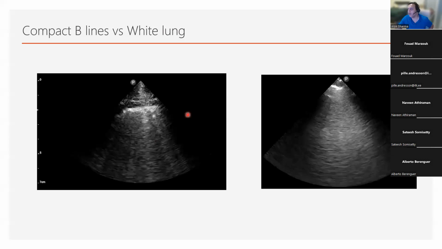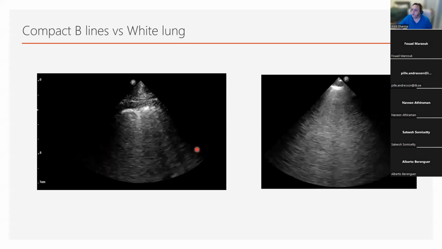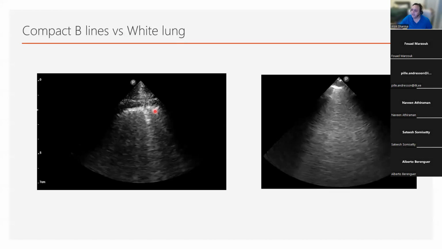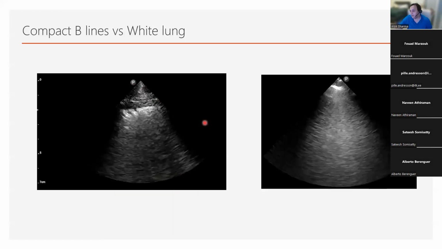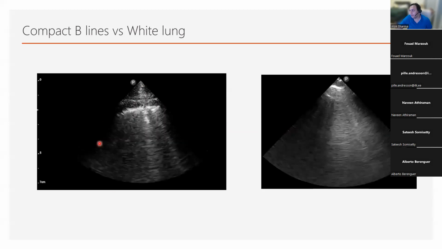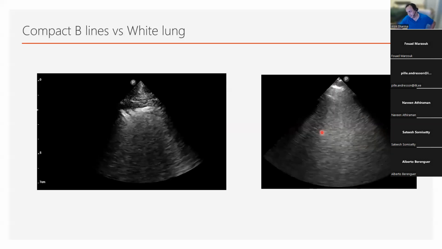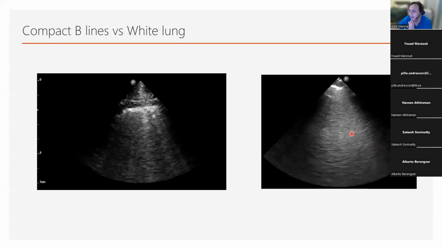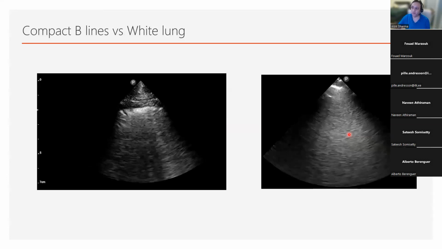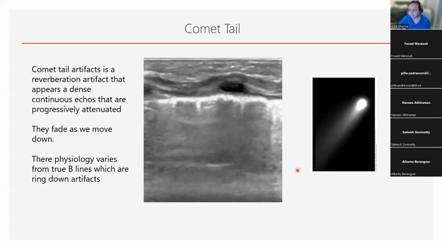But I think all of us will agree that when you actually look at the profile that this appearance gives us, you can see these B lines which are coalesced together. And this is what compact B line appearance looks like if you're using a sector probe, to the point where as the alveolar interstitial edema increases, you get what is, I'd say, a white lung appearance. So you can actually use different probes to give you the right information as long as you know their limitations.